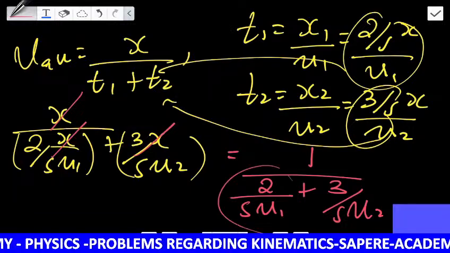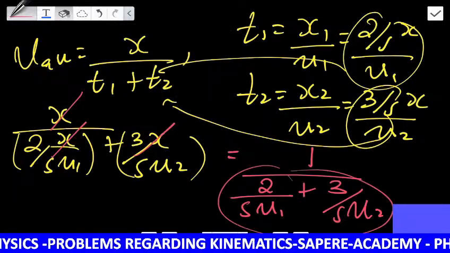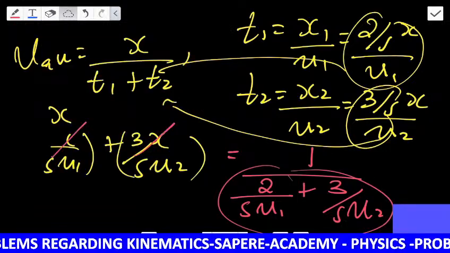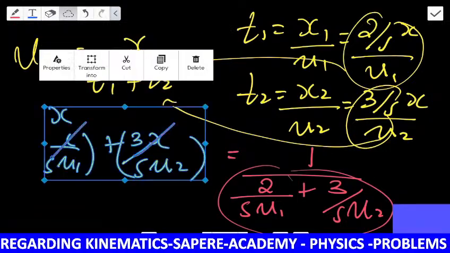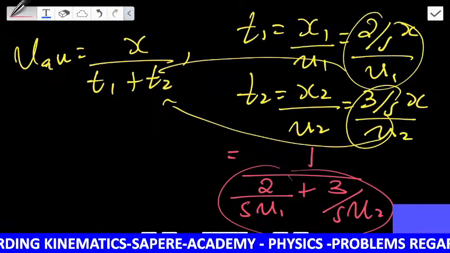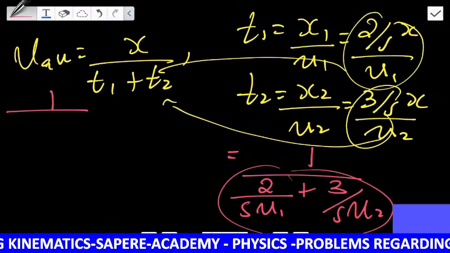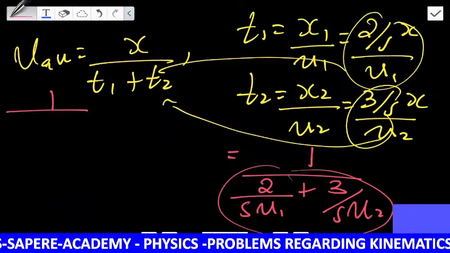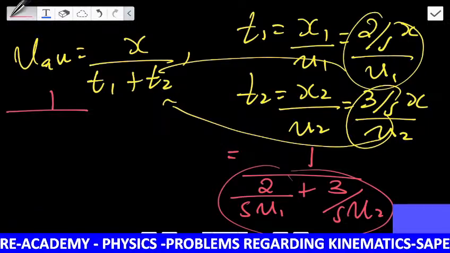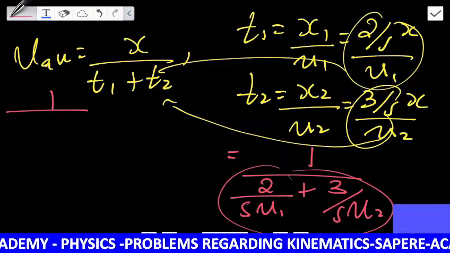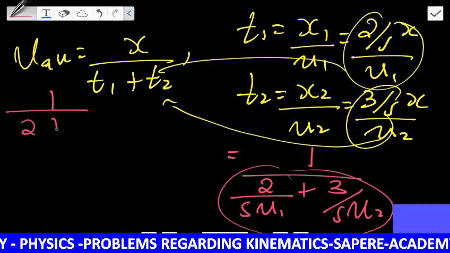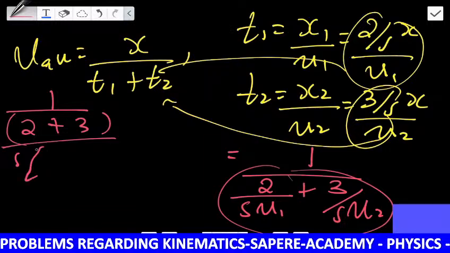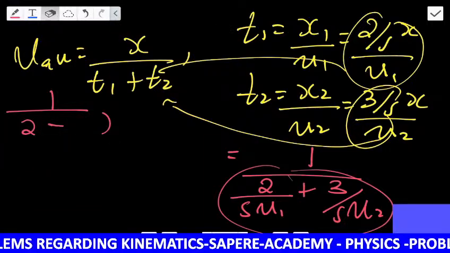So let us do simple mathematics. Let's cross-multiply here. When we simplify the denominator, we get 1 over, we have 2 times 5 v1 plus 3 times 5 v2, and since we have a common 5, let us take common 5 out. Wait, let me correct this here.